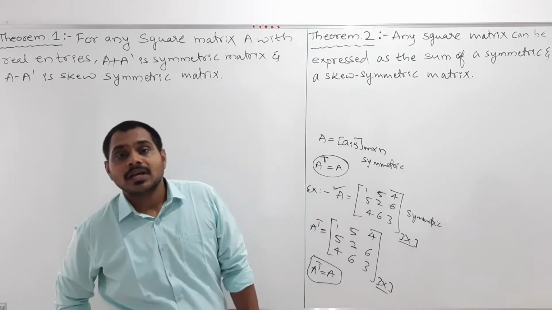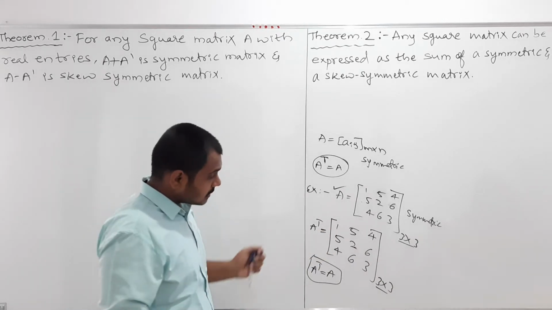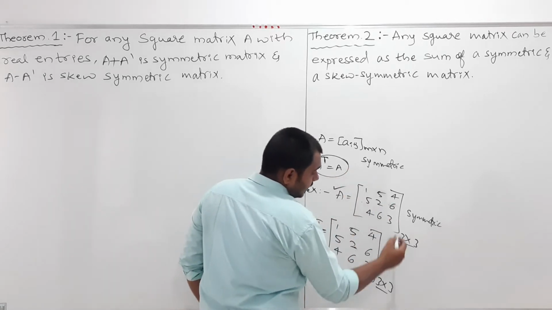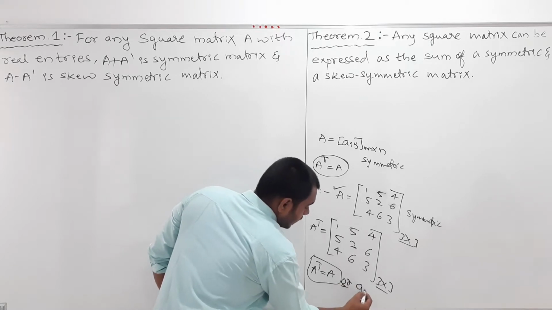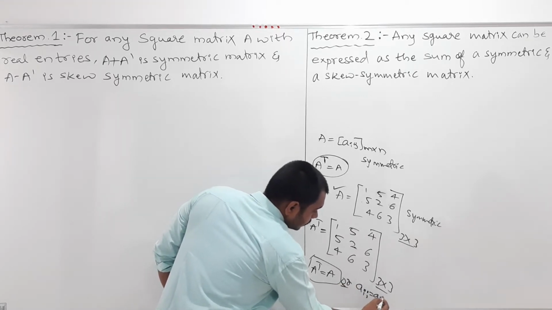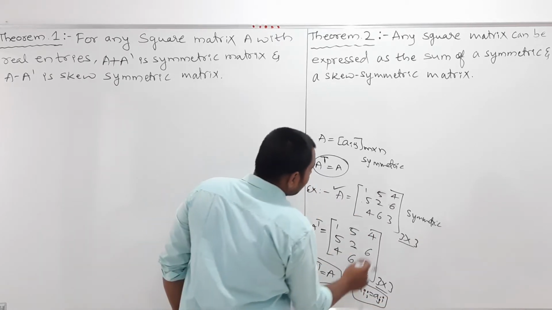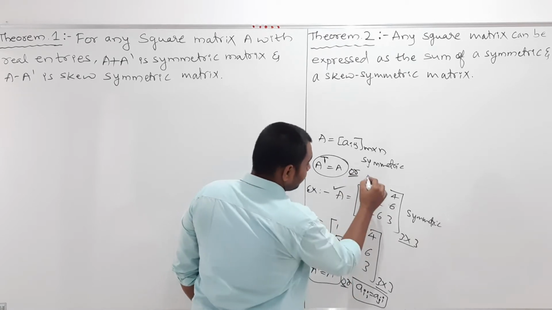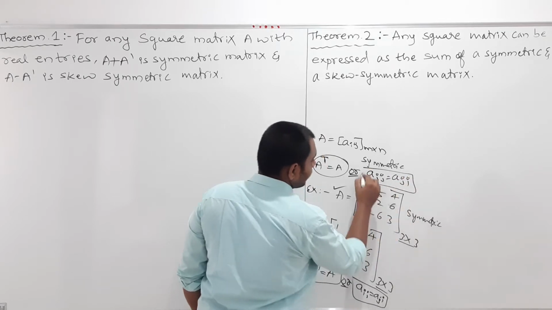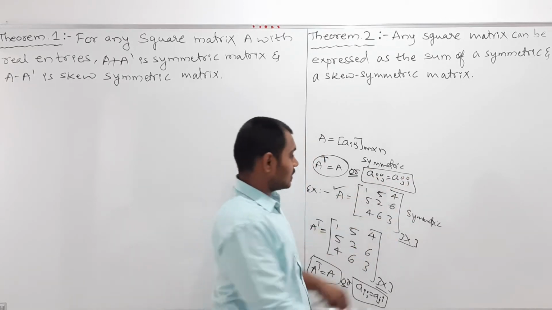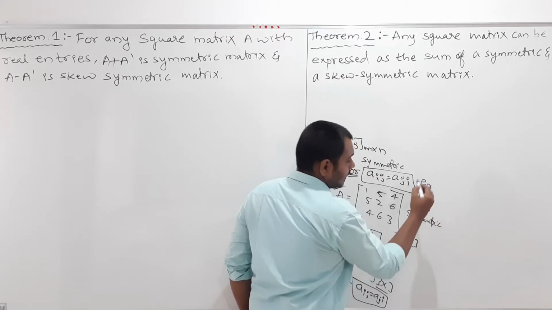I'm just recalling the things. Now there is another definition. By observing this, you can say another definition also. We can say a matrix A is symmetric if Aij is equal to Aji for all i, j.